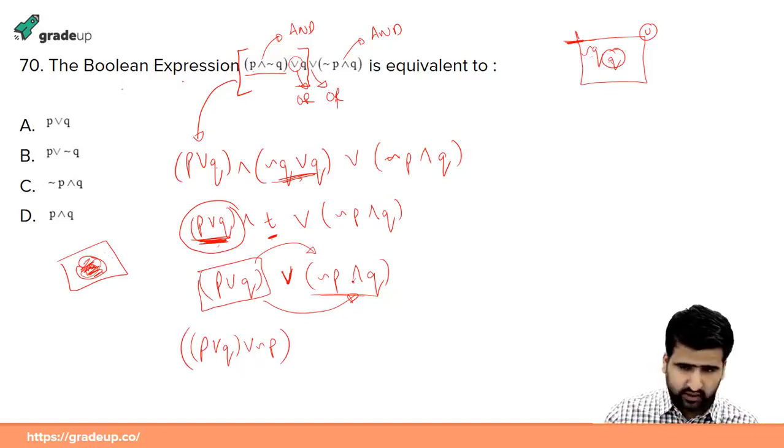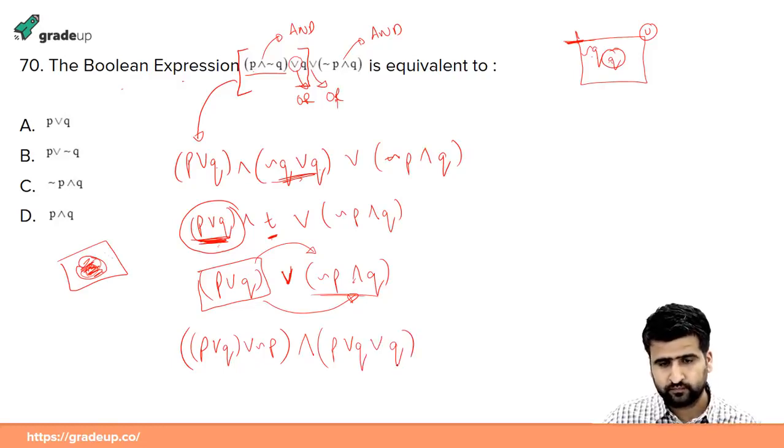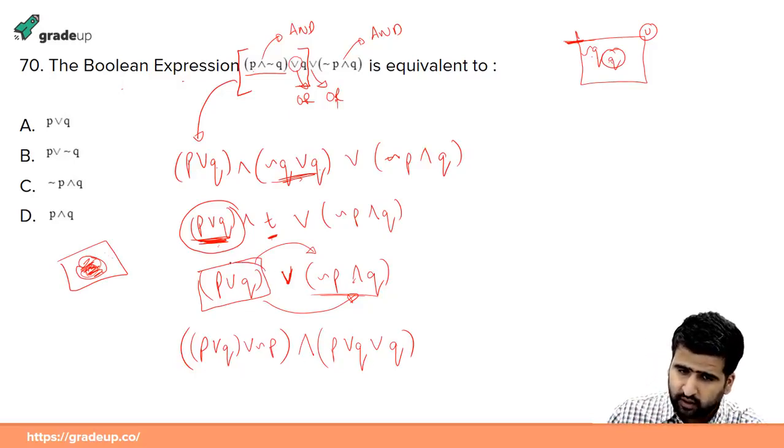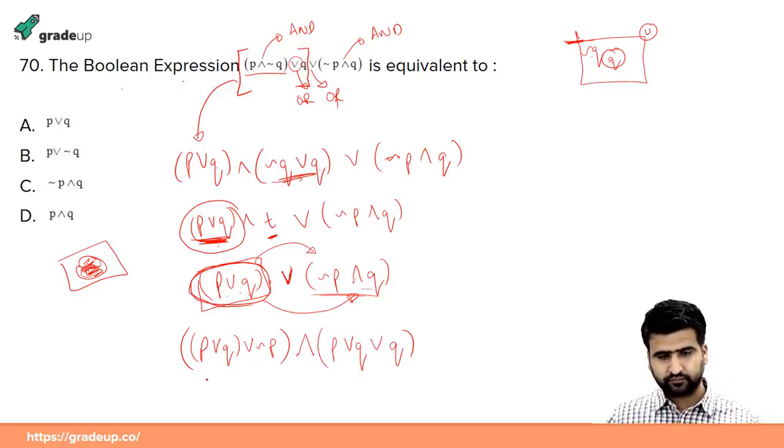Since we have the symbol of and over here, the symbol of and persists, and here we have P or Q or Q. So I just distributed this term P or Q to both of these. First I take its or with negation P, and then I take its or with this Q, and in between these two I have an AND statement.